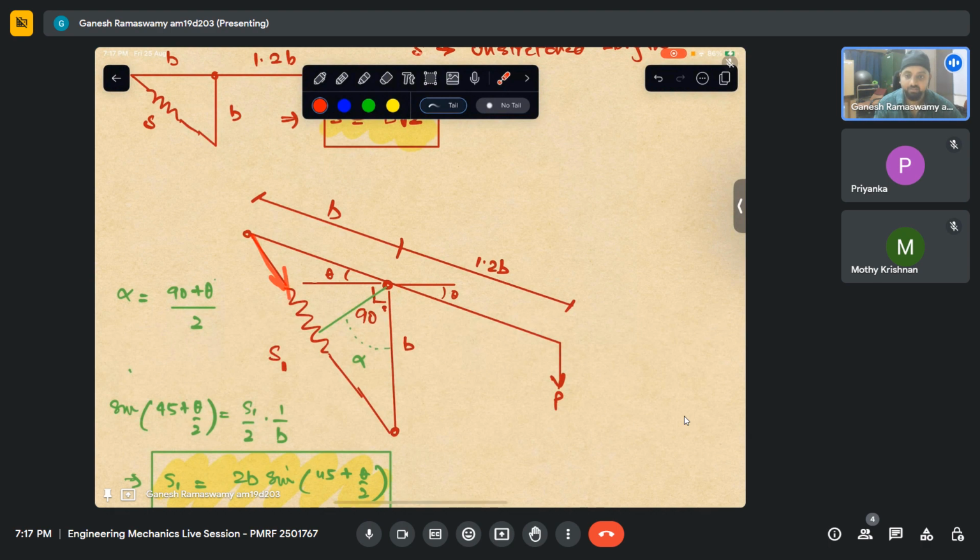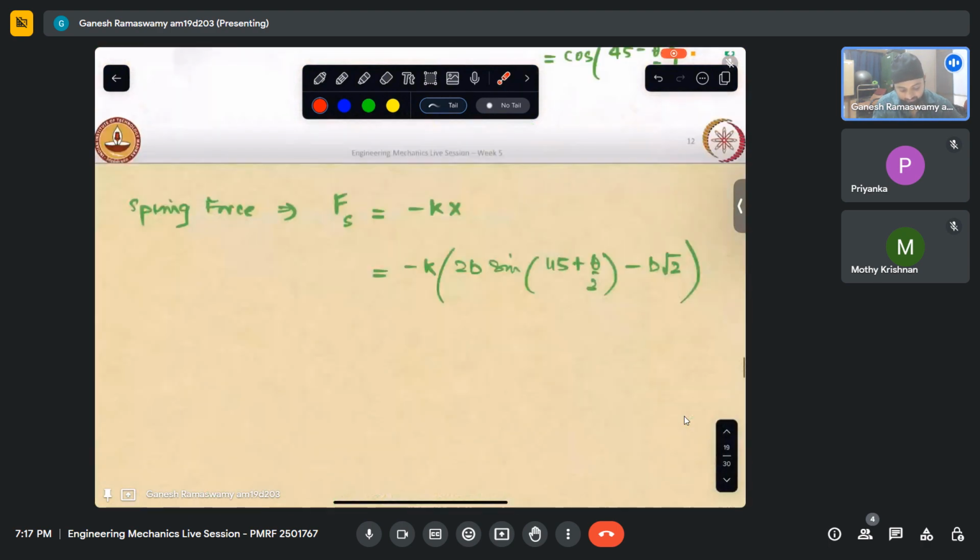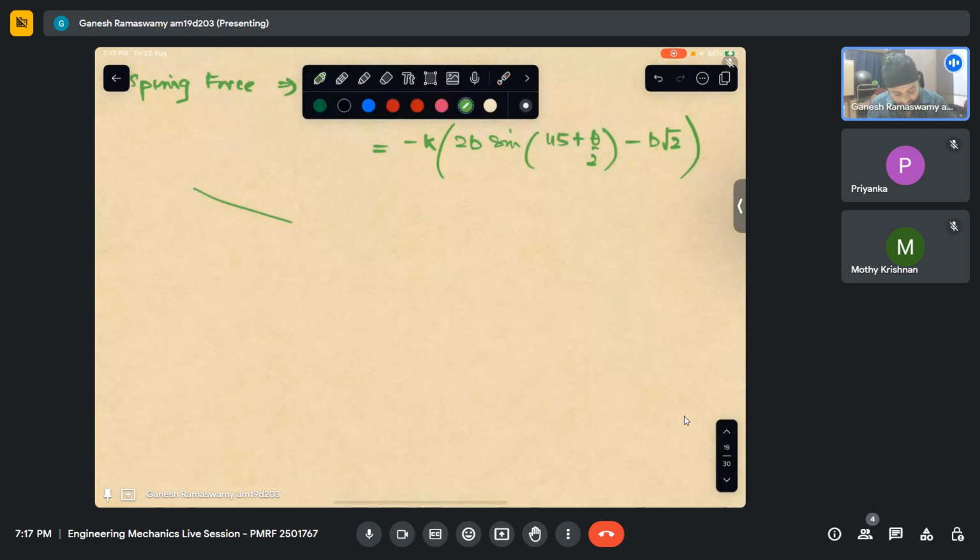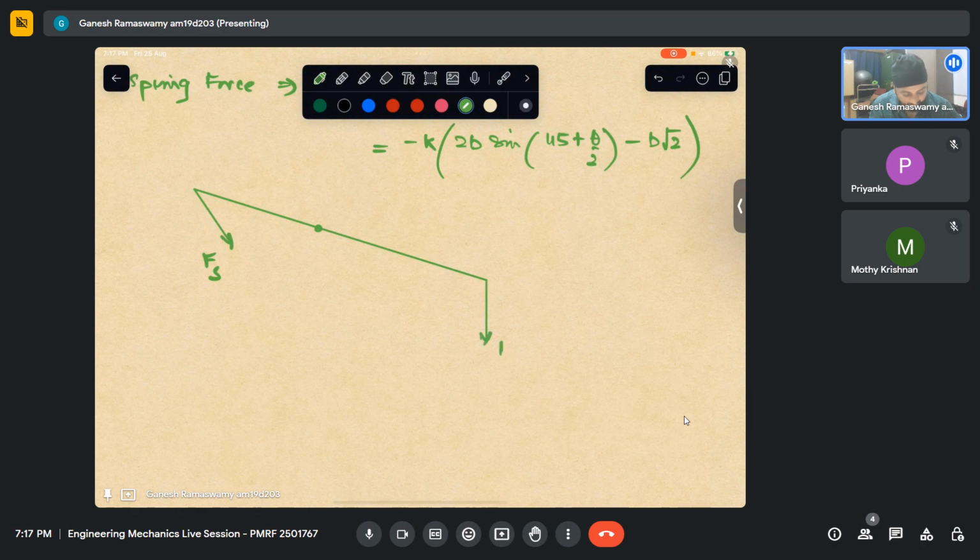So I may well replace my system with a system like that, where this is the spring force and this is my P and this is theta. Because whatever displacement I give, if theta increases, my Fs acts in the opposite direction.